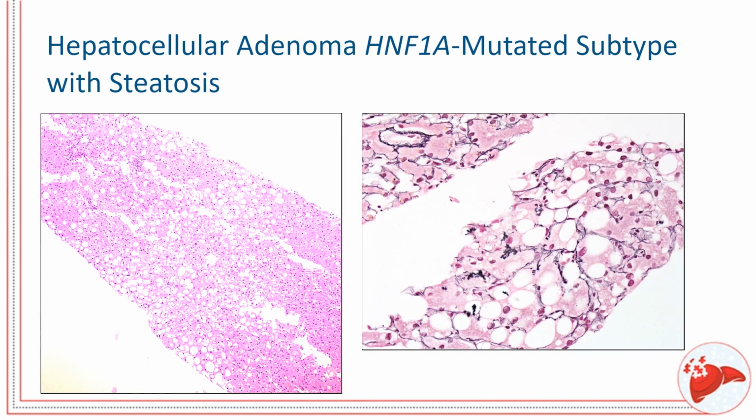The caveat to interpreting reticulin stain is when the parenchyma appears steatotic. For example, this is a hepatocellular adenoma in a subtype with steatosis. And here, the reticulin stain in those steatotic areas is lost. So don't overcount the loss of reticulin in those areas.